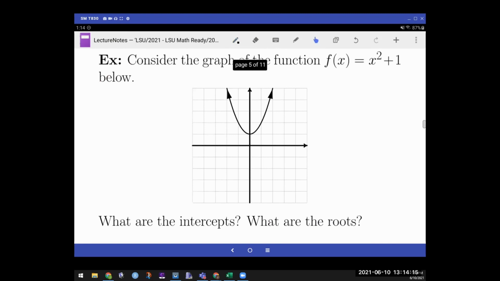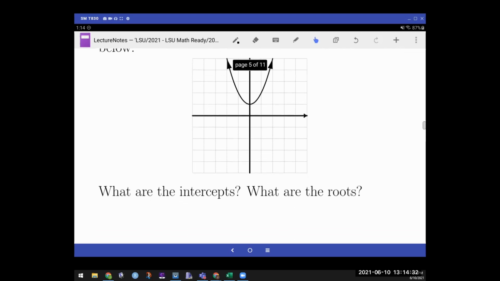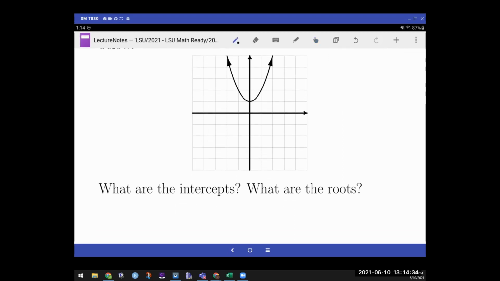Okay, but like I said, x-intercepts and roots or zeros are not necessarily going to be exactly the same. It's possible to have zeros that are not x-intercepts. Here's a good example. Just looking at the graph right here, we don't have any x-intercepts.